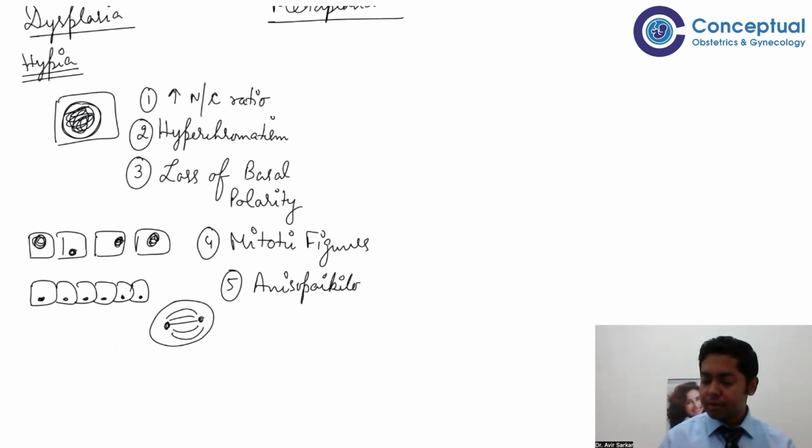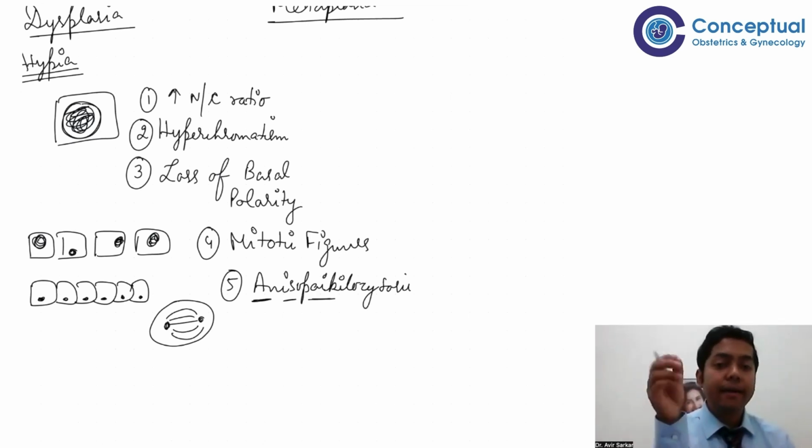Anisopoikilocytosis. So an means unequal. Iso means equal size and poikilo means shape. So there is neither equal size of the cells nor equal shape of the cells. So all cells in cancer, in malignancy, will have a variety of sizes and shapes.